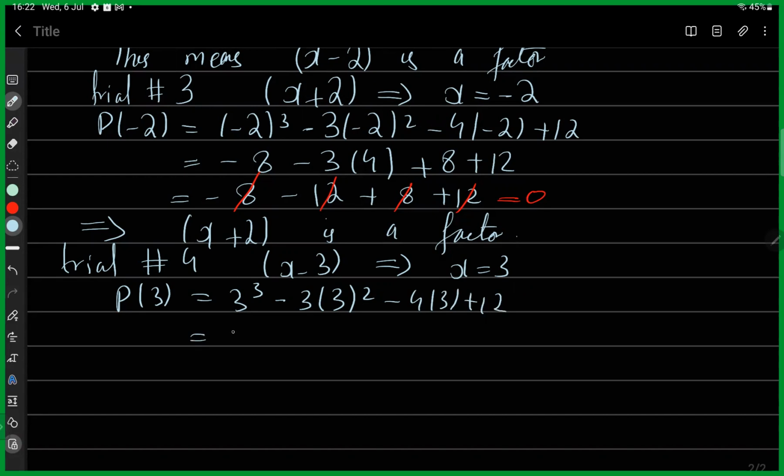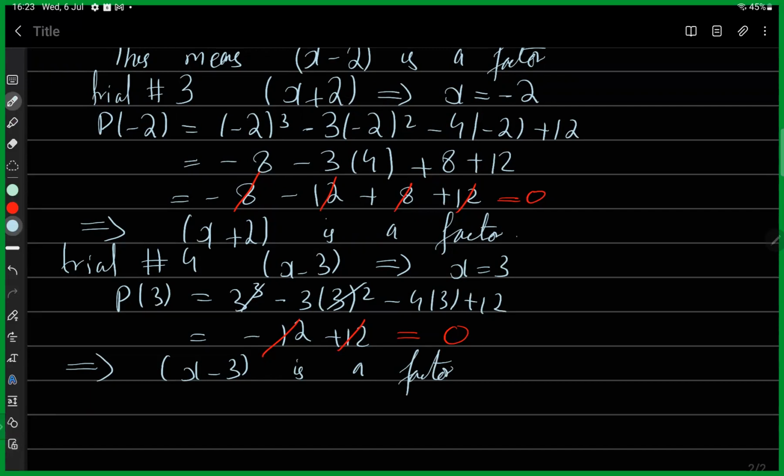So these two would be cancelled and we would get minus 12 plus 12. And again, these two are cancelled and it would give you 0. If this is giving you 0, this means that x minus 3 is a factor.